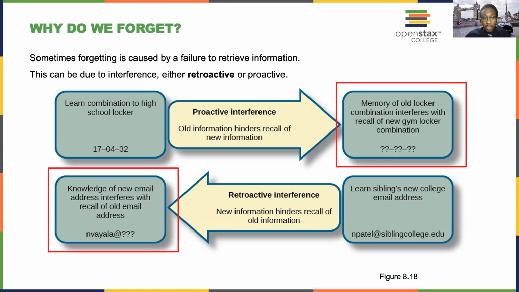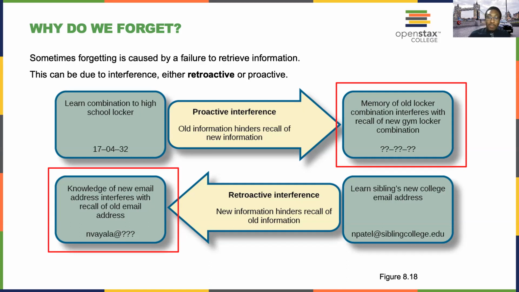So for example, you're going to the gym and you go to your locker and you have a new lock for your gym locker. And when you go to set your lock, you have trouble remembering the combination because you get confused with your previous lock that you used for, let's say, all 4 years of high school.